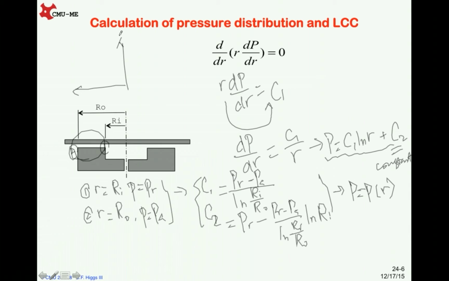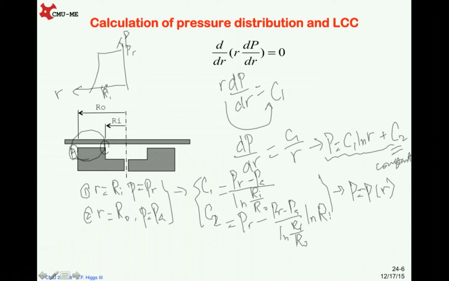For the vertical axis, that is the pressure. And for the horizontal axis, that is R. For R equal to 0 to Ri, P equal to a constant PR.